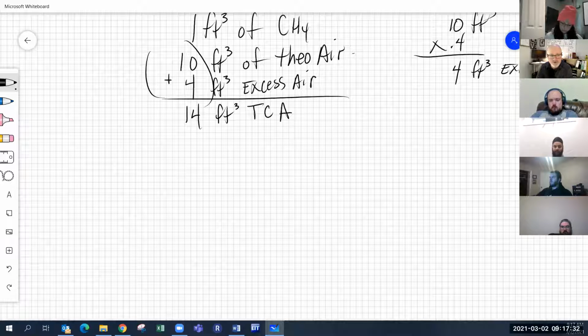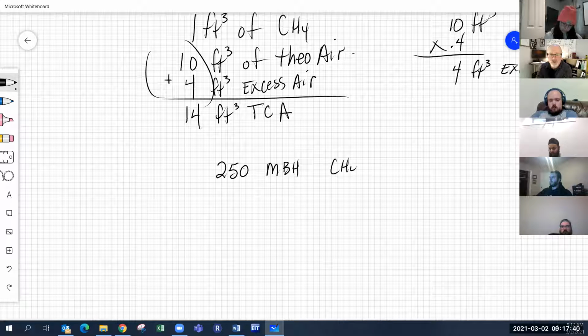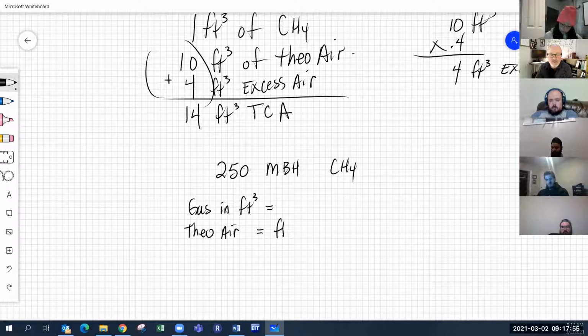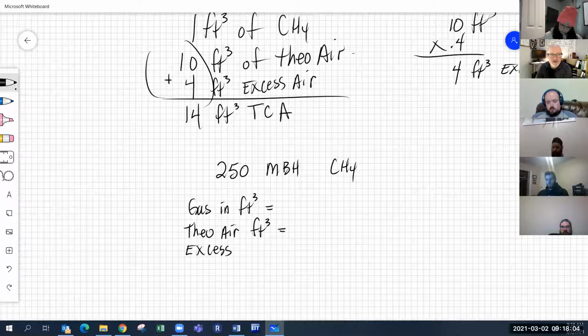So, for example, I have 250 MBH of CH4. I want to know the amount of gas in cubic feet. I want to know the amount of theo air in cubic feet, and I want to know the excess air in cubic feet.